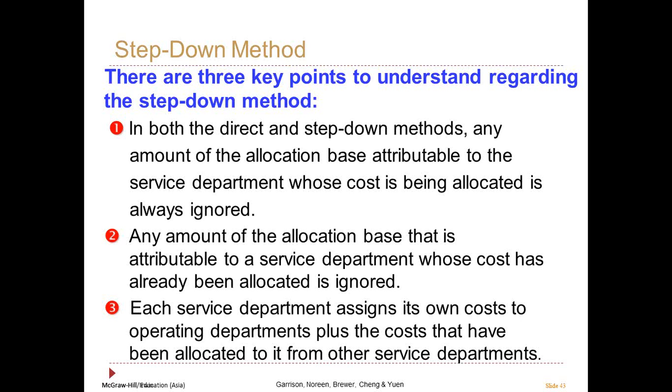Any amount of the allocation base that is attributable to a service department whose cost has already been allocated is ignored. 3. Each service department assigns its own costs to operating departments, plus the costs that have been allocated to it from other service departments. So let's use an example.